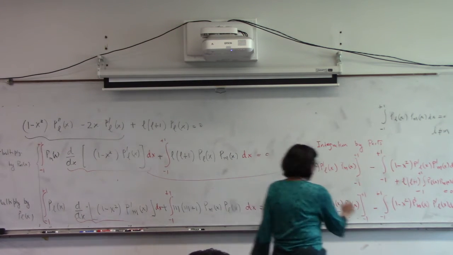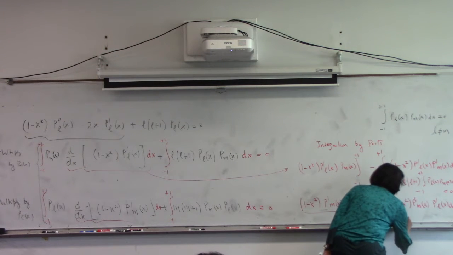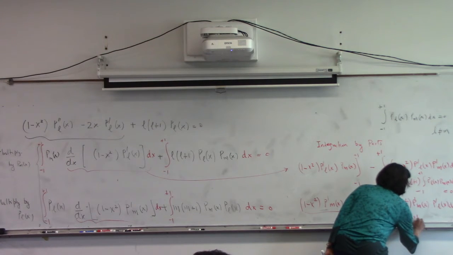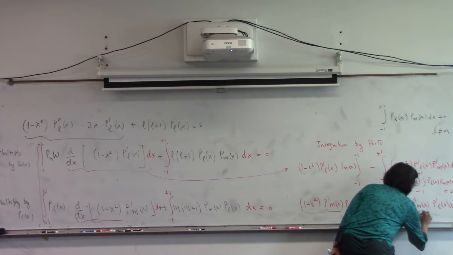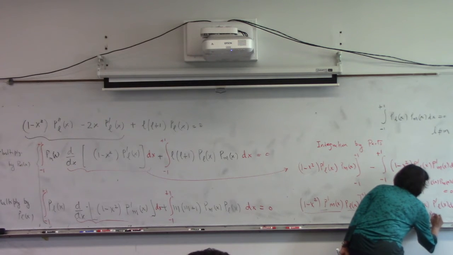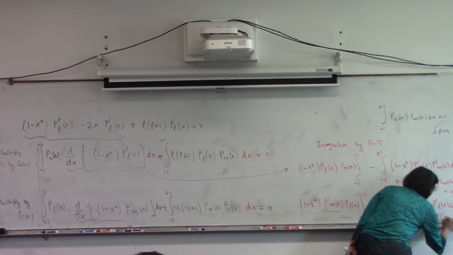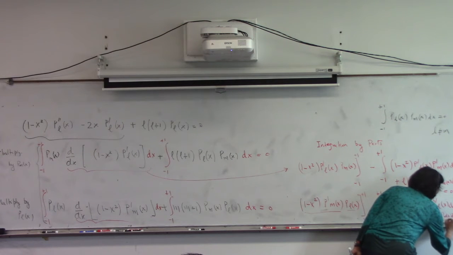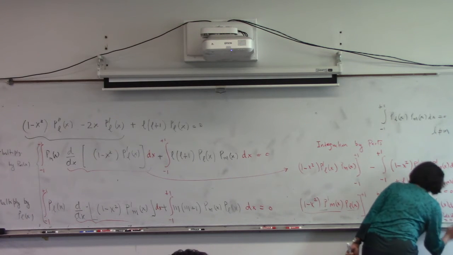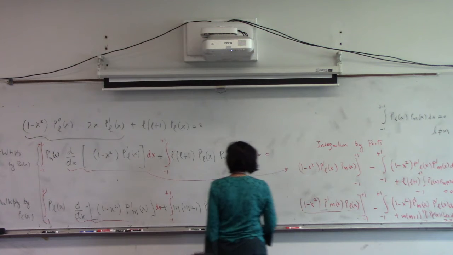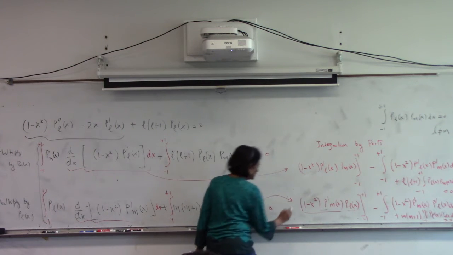And I have all this other term, plus m times (m plus 1) times the integral from minus 1 to plus 1 of P_l(x) P_m(x) dx equal to 0. Right? So this is what this expression has become.